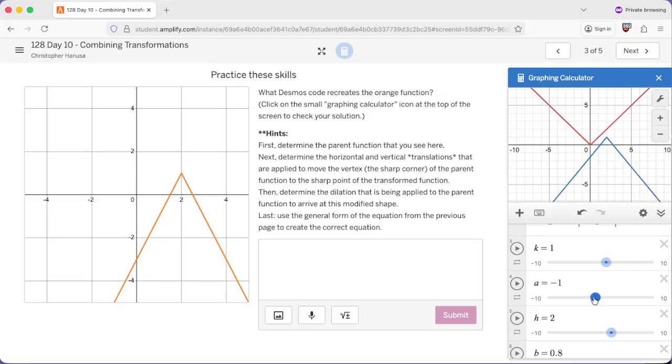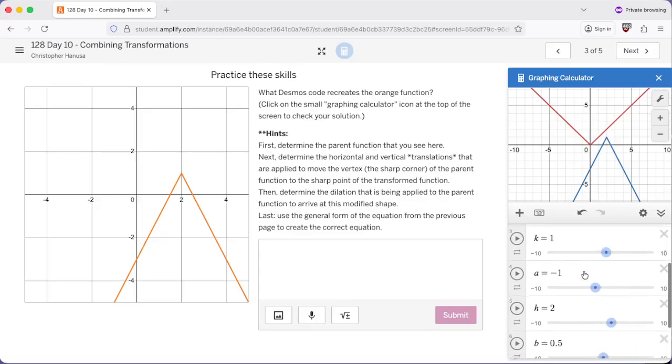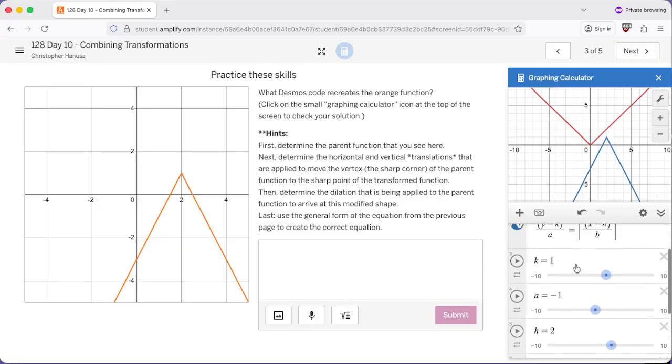And then let's make b skinnier. How can I know if I'm in the right spot? I kind of want, let's see, this one goes through negative 3. So does this go through negative 3? 1, 2, 3. Looks good. So it looks like these are the right equations.